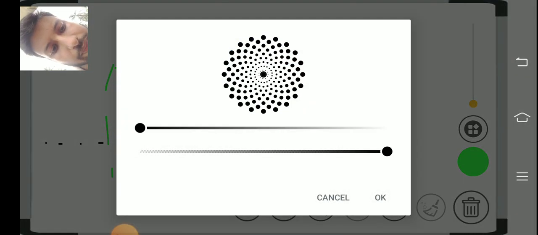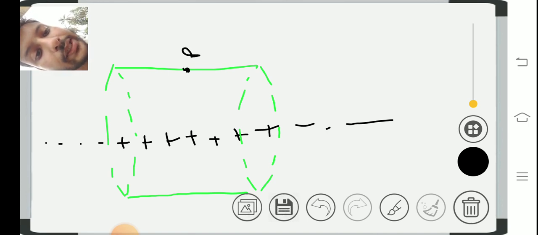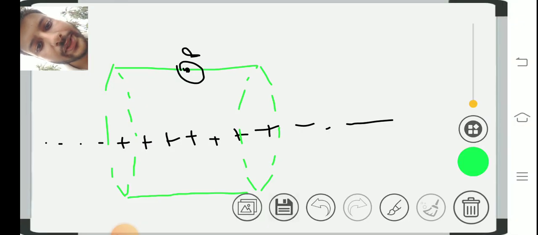A Gaussian surface is an imaginary surface. Okay, so to find the electric field at point P, we have to draw that Gaussian surface. That's what I have drawn previously, but we have to draw this after we consider the point.